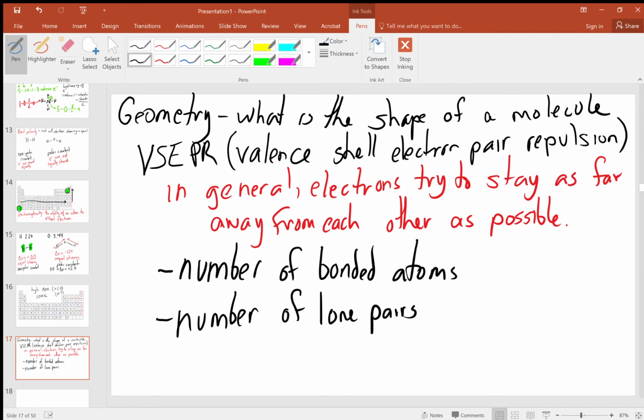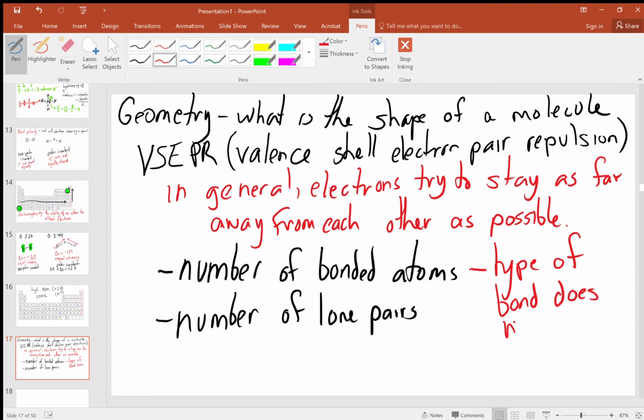So if we look at any atom and we can see how many atoms are bonded to it and how many lone pairs it has, then we know what the shape of that molecule is going to be. Note, I said only the number of bonded atoms. The type of bond, double bond, single bond, triple bond, does not actually matter.